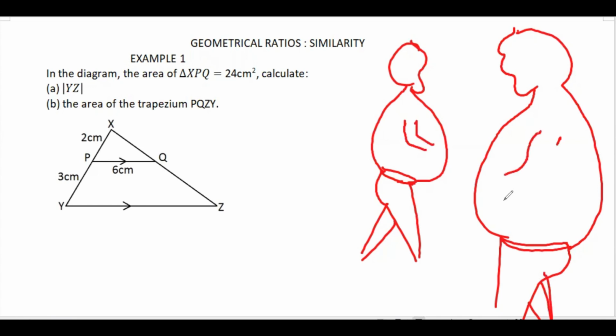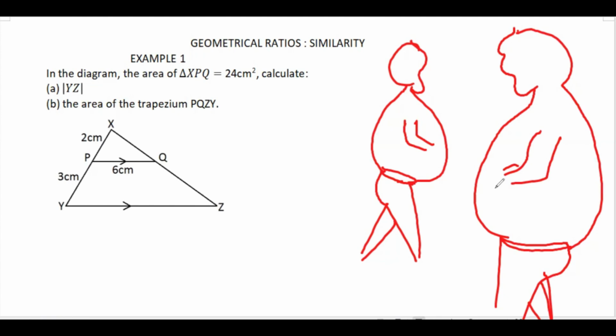If they say this boy looks exactly like his father, it doesn't imply that they are congruent, that is, of equal size. No. It means that the ratio of their corresponding parts is constant.